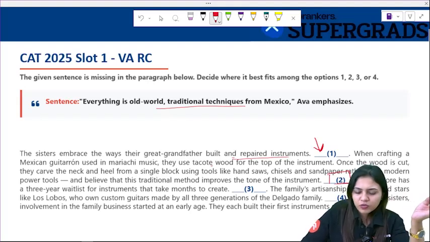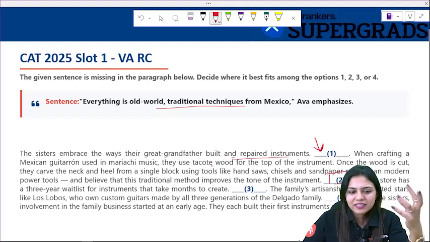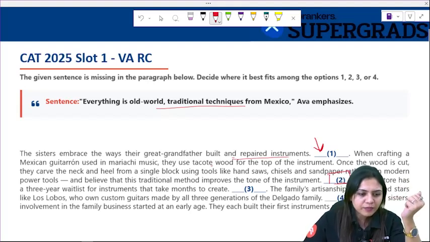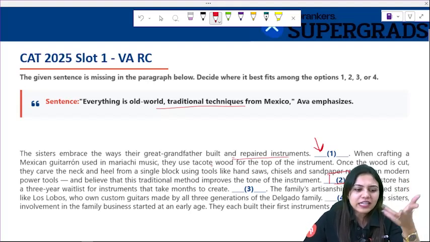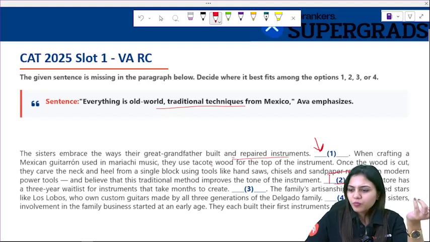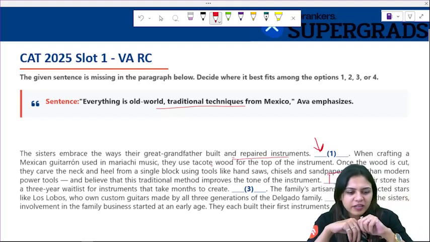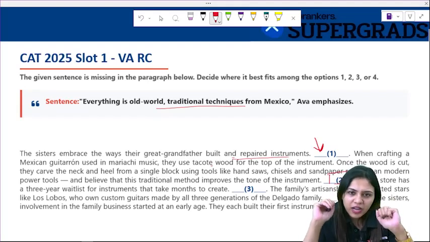If I talk about option 3 here, it mentions waitlist, demand, popularity, and this belongs later, and it actually appears later. So putting this statement here would break the flow of the passage, which is the popularity flow.